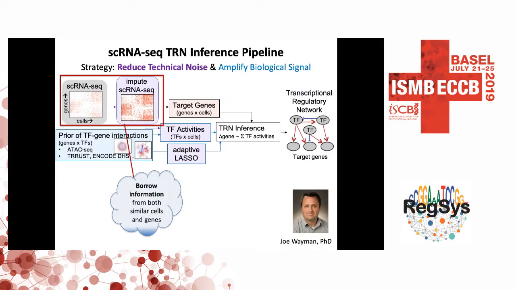And so you can see that our inference method for single-cell transcriptional regulatory network inference looks pretty similar, except we've included a step where we impute the so-called dropout genes that were not detected. And so I'd just like to briefly walk you through this pipeline.